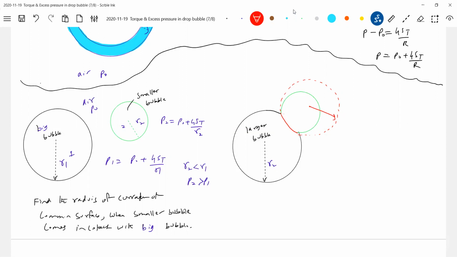He's asking about the radius of this common surface, and the radius of this bubble is how much? R2. R1, R2. Which radius will be more? The radius of the common surface, I'll call it AB. If you want, you can show that common surface. So AB is the common surface.